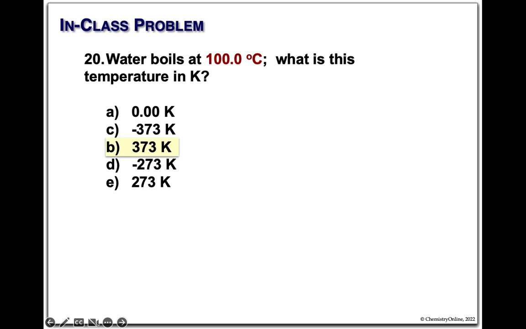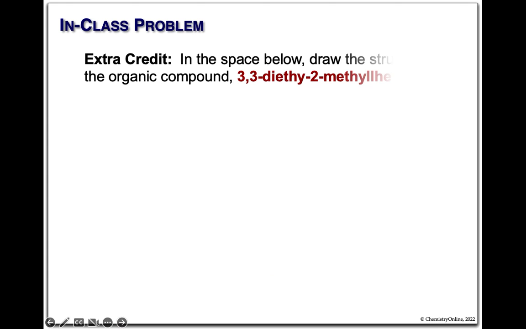And our last one, the Socratic one. 3,3-diethyl-2-methyl-hexane. Draw the structure. On the exam, you will either draw a structure or do a name. Okay, so make sure you know both ways.